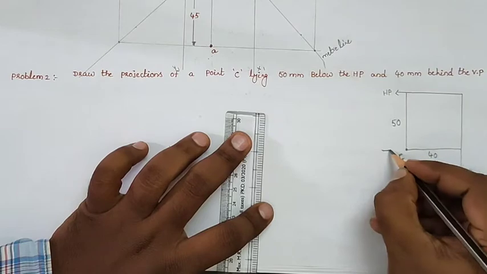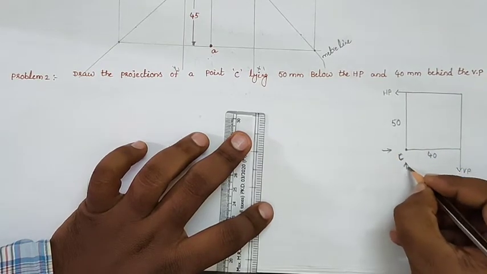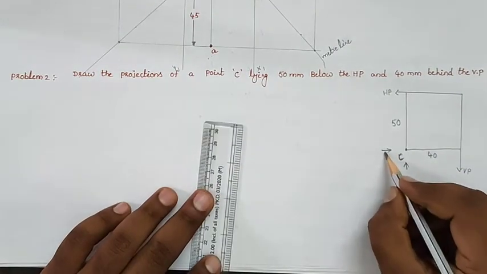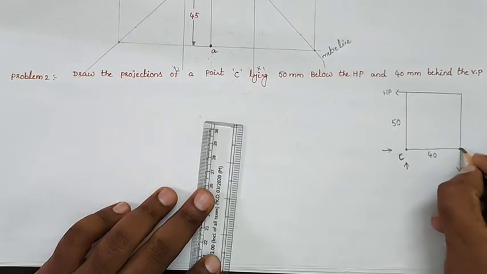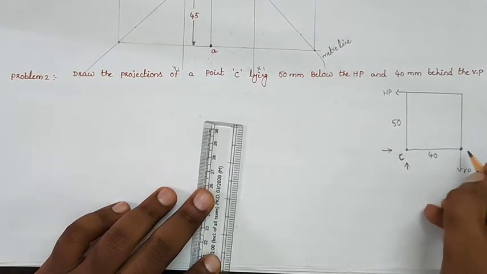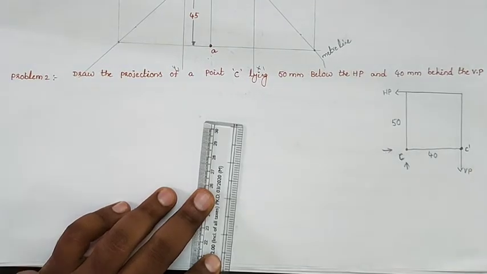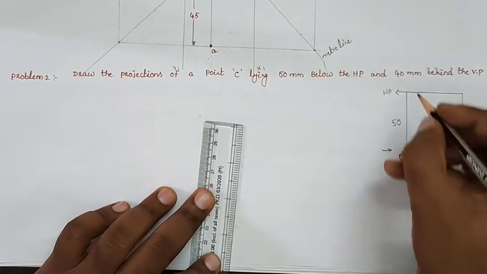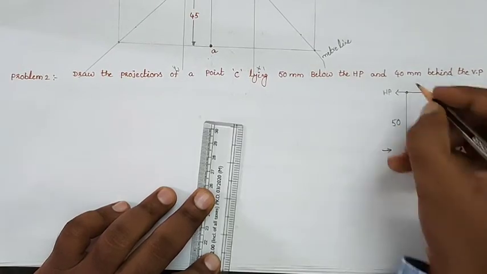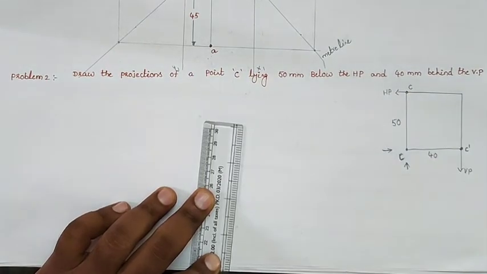So this is the direction of the front view and this is the direction of the top view. The front view is obtained on the vertical plane, denoted with a small letter with a dash, c dash, and the top view is obtained on the horizontal plane, denoted with small c.